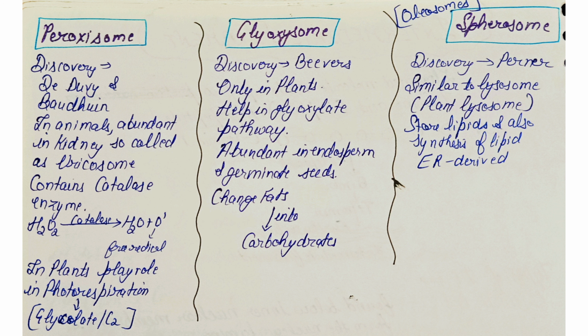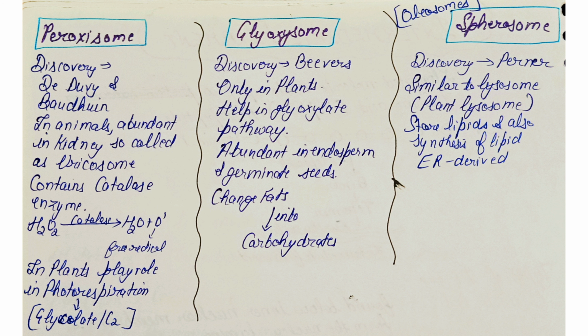The glyoxysome serves as the enzymatic site for reactions including the conversion of stored fatty acids into carbohydrates. Another important function is gluconeogenesis, converting triglycerides into carbohydrates.